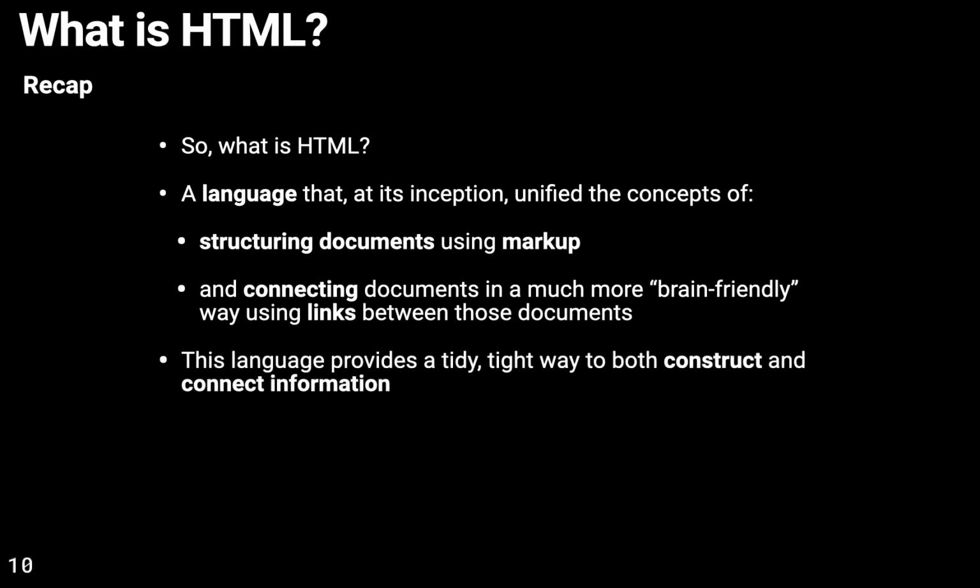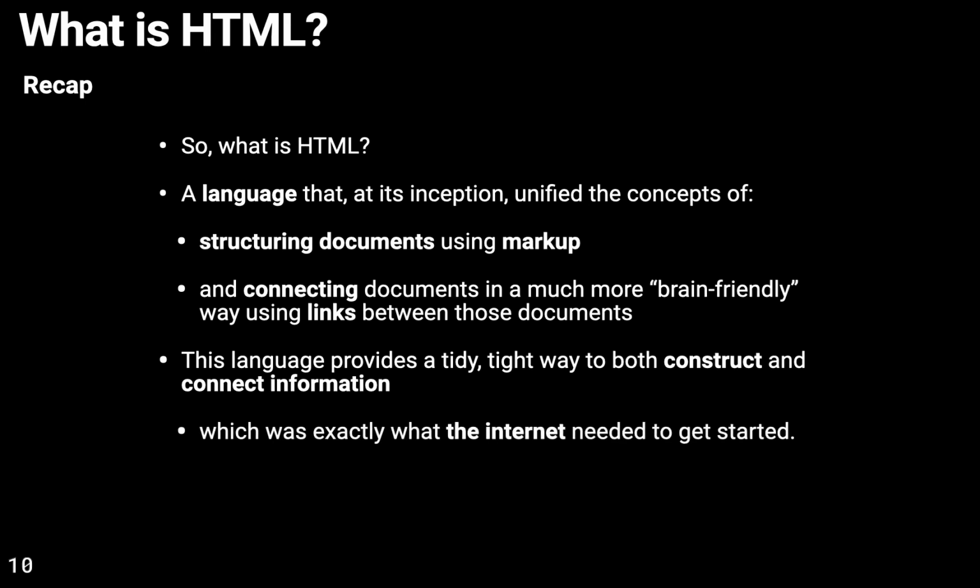So it provides this tight way to both construct and connect information, which is exactly what the internet needed to get started, right? So that's the story of HTML: I want to have a whole bunch of things in this nebulous network of what used to be called the World Wide Web. And we still sort of call it that. Internet is the only name that really stuck.